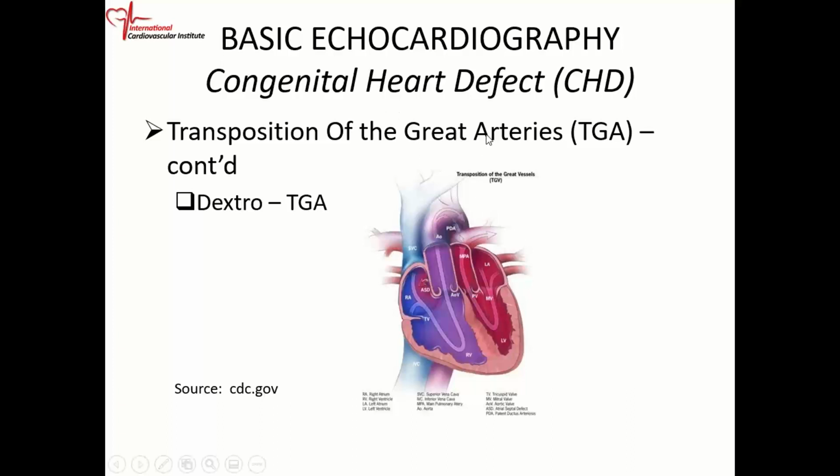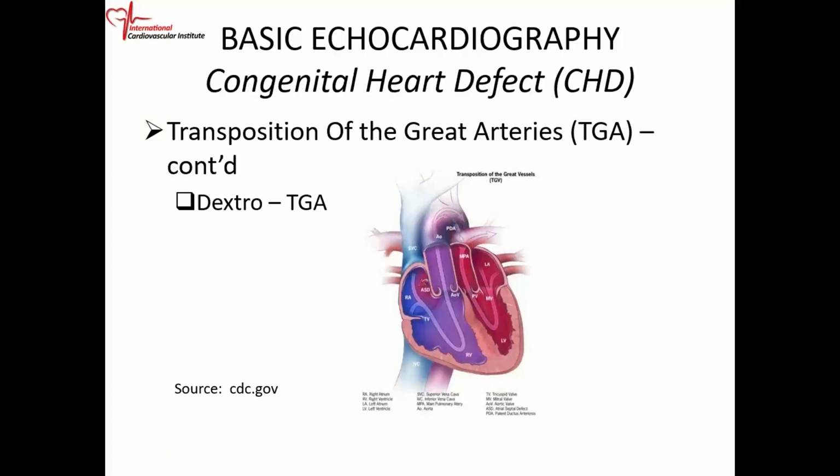So this is what we just described. On the right side, you have the right atrium, and the right atrium is going to receive blood from the superior vena cava and inferior vena cava. That's deoxygenated blood that flows into the right ventricle, and then it's going to come out through the aorta and become systemic blood.